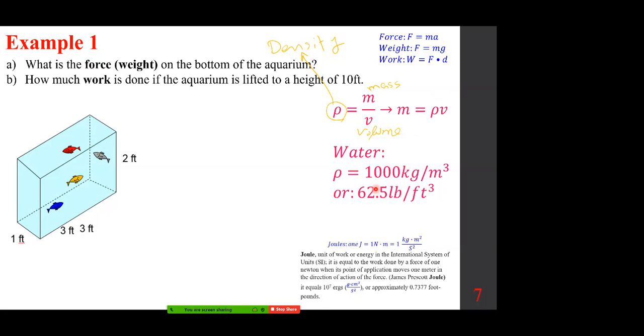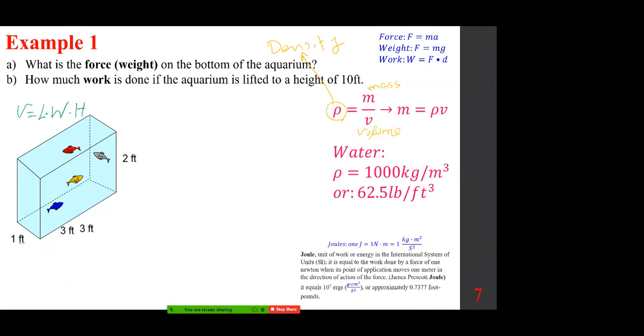we obviously can see that the volume here is 2 times 3 times 1, right? Let me write that. The volume is length times the width times the height, right, everybody?